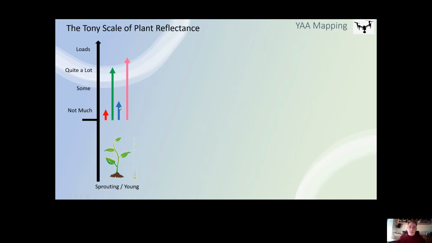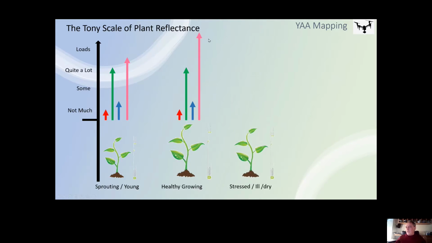They absorb the blue, so they don't reflect much of that, because we're looking at plant reflectance here, and they reflect quite a lot, to be frank, of the near infrared. A healthy growing plant, pretty similar, except they're reflecting much more, loads of near infrared. A stressed, ill, or dry plant, pretty much the same profile, but much less on the near infrared.